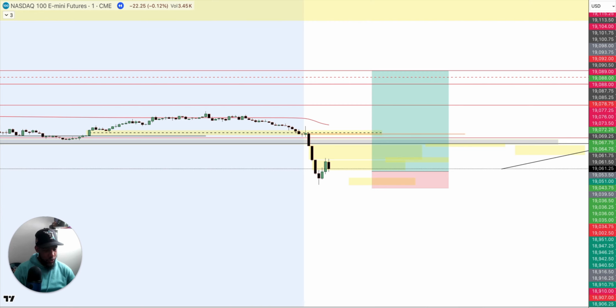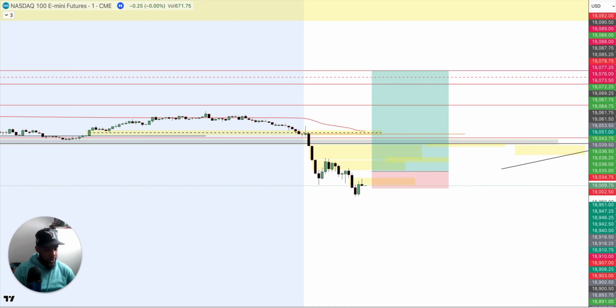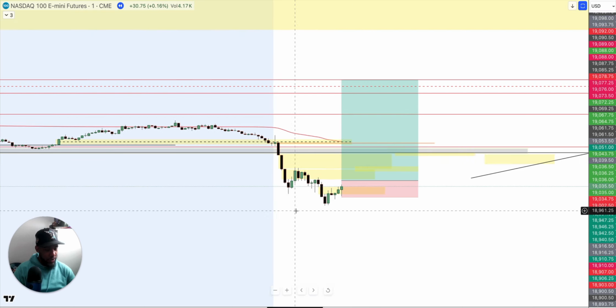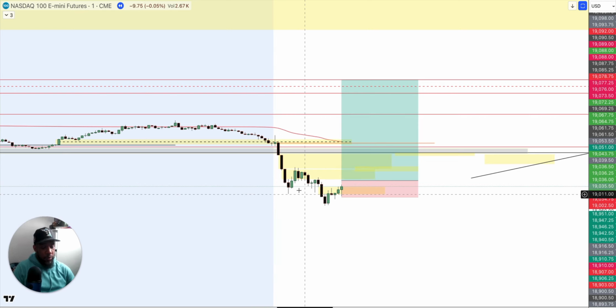Okay, so as you see, I had this entry after price now recovered a little bit, and these fair value gaps are volume and displacement, momentum in one direction. So we had a lot of bearish momentum, but now as price recovered, how I see the inversion, this turns into an inverse fair value gap as the buyers now overtake the sellers in this situation here.